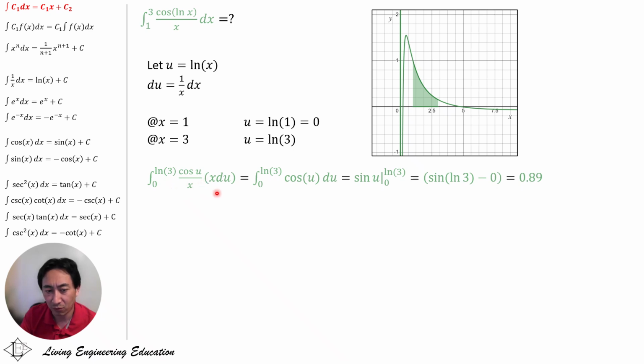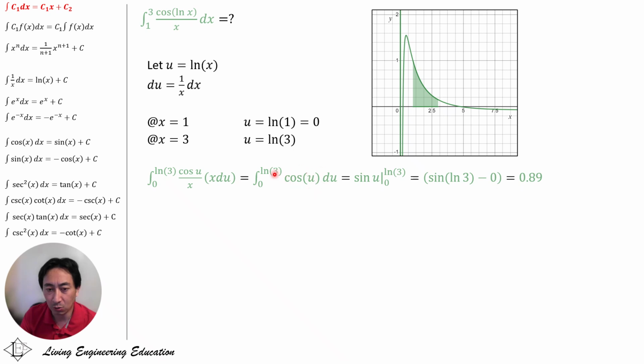But whatever makes sense to you, follow that method. It might take one extra step, as it does for me here, but I want to make sure it's very clear what we're substituting. Then we have the upper and lower limits for the u value: lower limit 0, upper limit natural log 3.